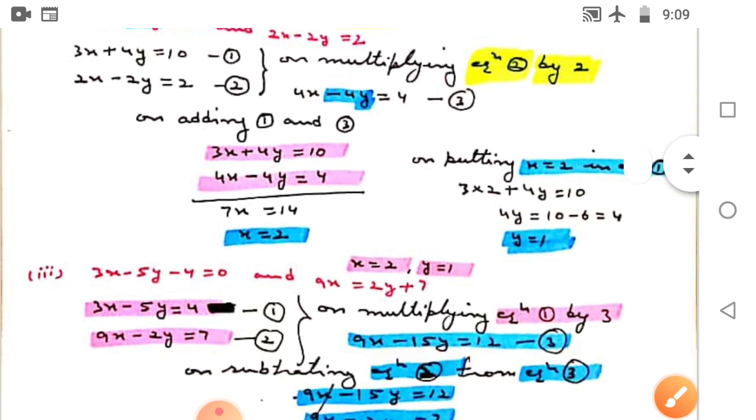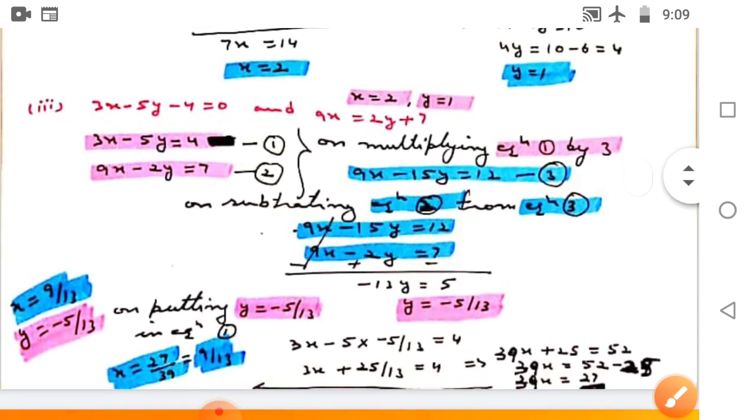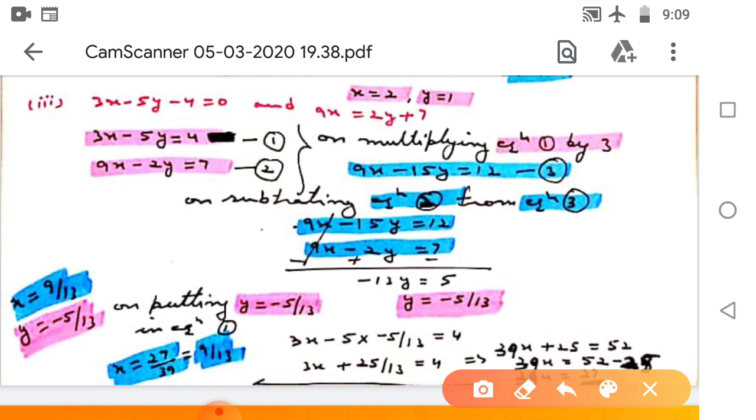Now come to the third part of question number 1, and the equations are 3x minus 5y is equal to 4 and 9x minus 2y is equal to 7. Okay, now look at the coefficient of x. The first equation has 3x and the coefficient of x in the second equation is 9, right?